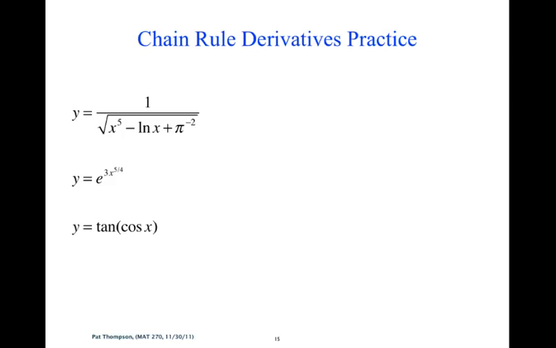And what is chain rule about? It's about composite functions. Functions plugged into other functions. So don't do quotient rule on this first one. Maybe start by rewriting it so that it's a composite function, right? Composite function is like g of f of x.